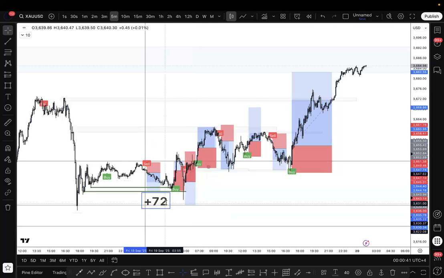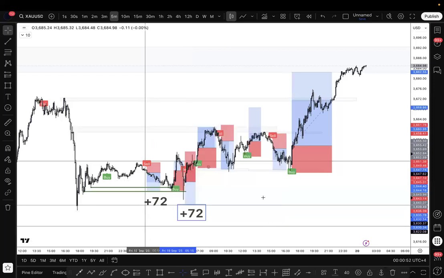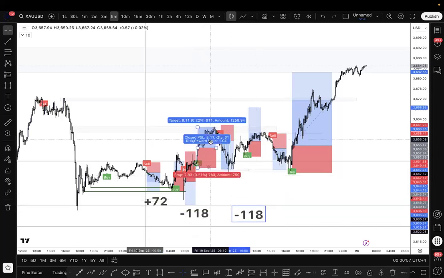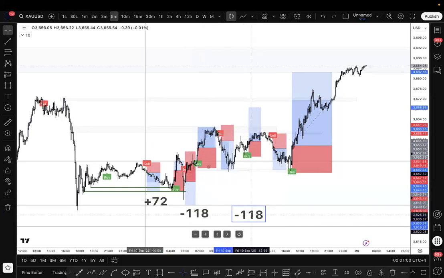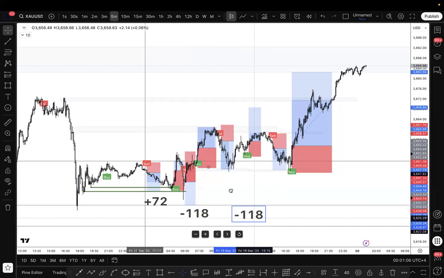So we're gonna put minus 118 pips. This is on Friday only, remember. So the third one, we made 81 pips. Gonna be plus 81 pips. That's the third one.